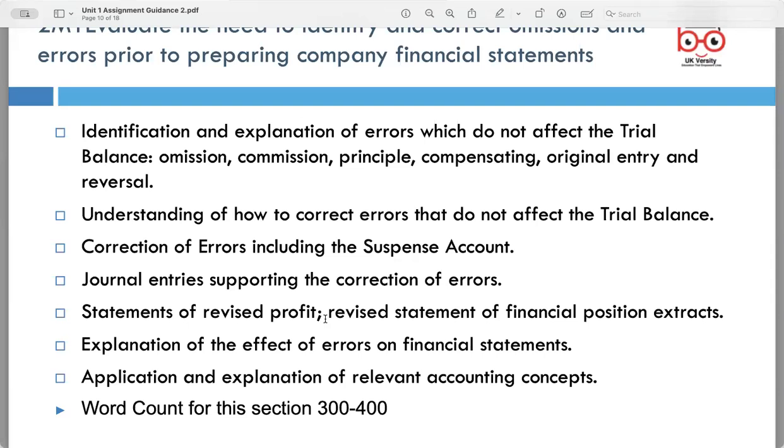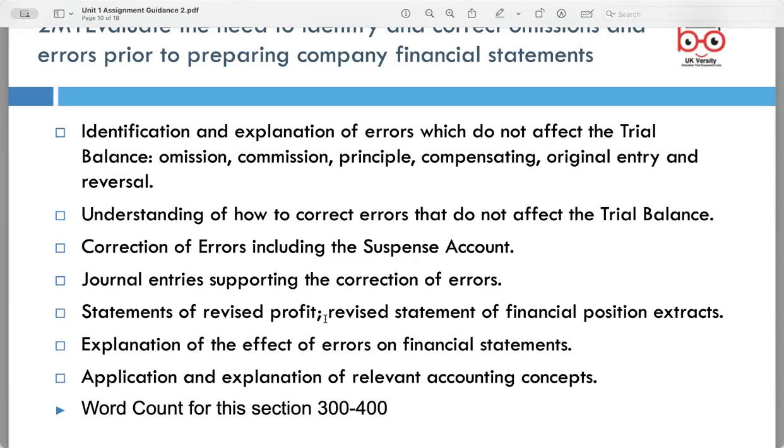Then, understanding of error correction. Explain how to correct errors that do not affect the trial balance. This involves understanding the methods and procedures for rectifying errors, including the use of suspense accounts.